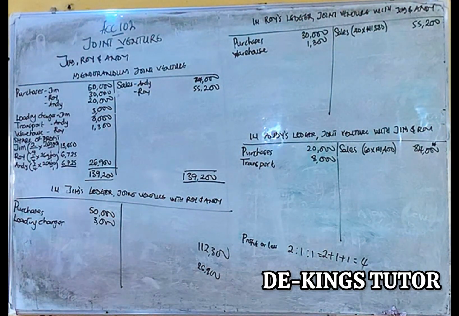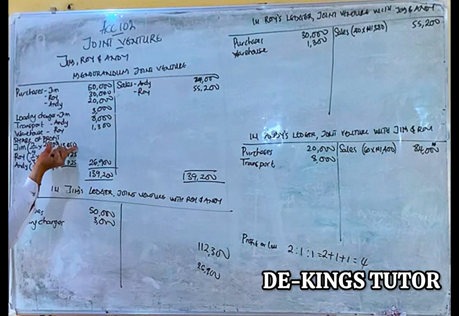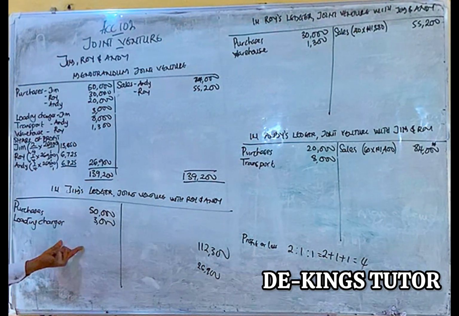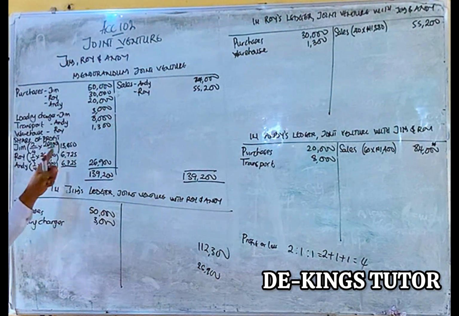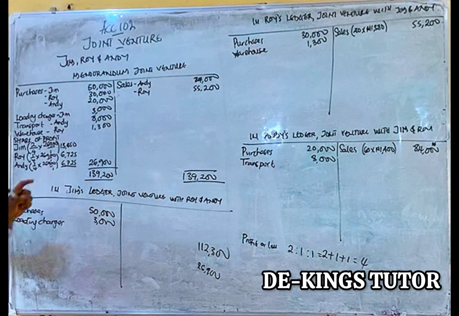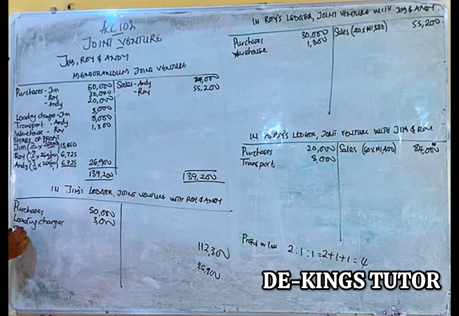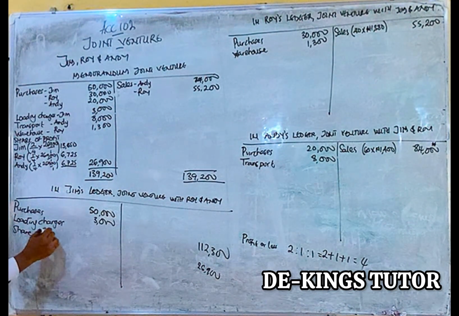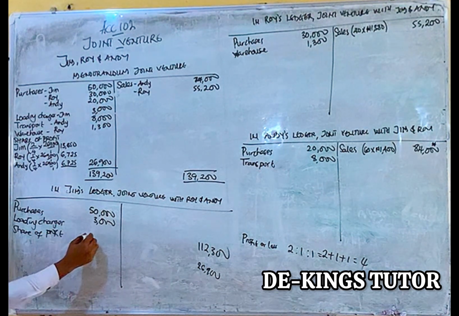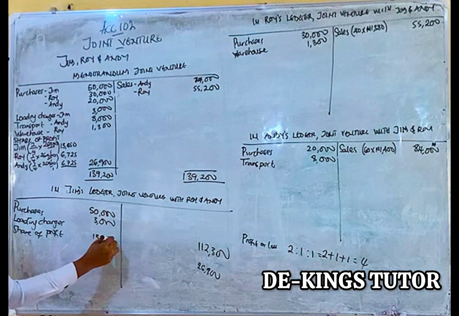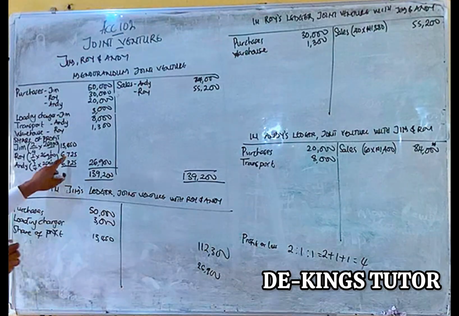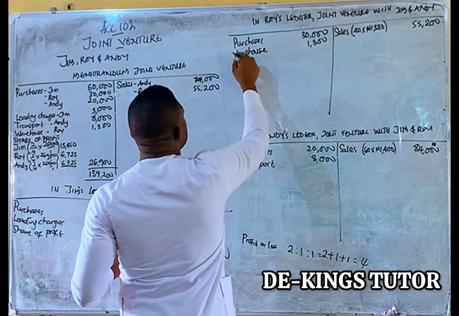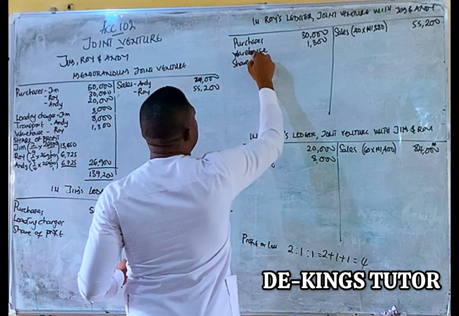Now the next thing you have to do is to carry their share of profit and give it to them individually. So the first one is Jim, we come here, share of profit, 13,450, right? Okay. Now Roy, the same thing, share of profit.